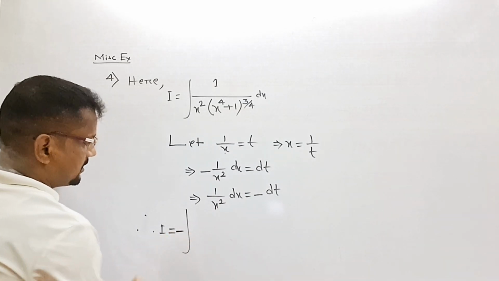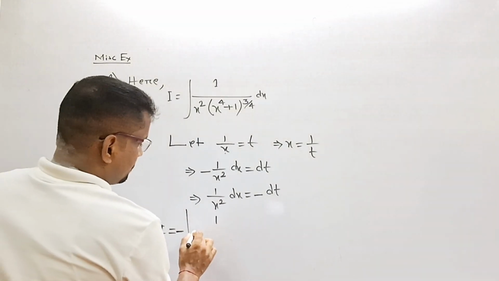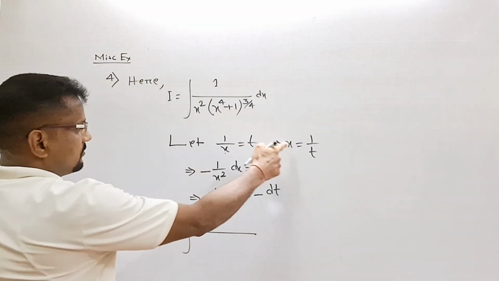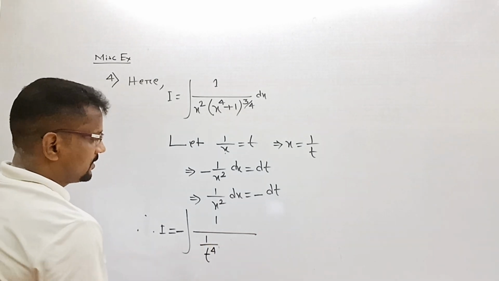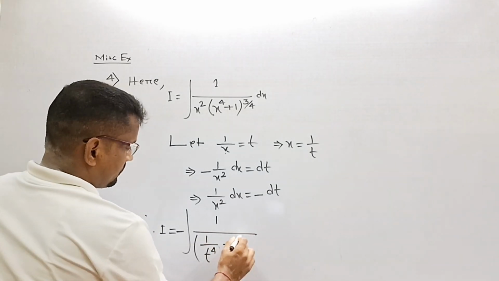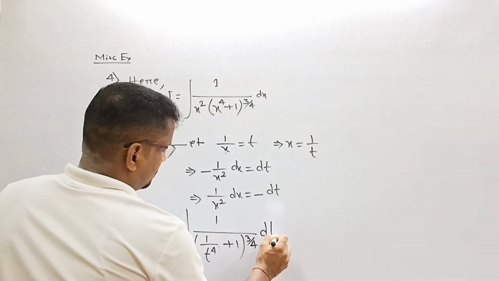Let me give the minus sign here. Then 1 by x to the power 4 will be 1 by t to the power 4, plus 1, whole to the power 3 by 4, dt.